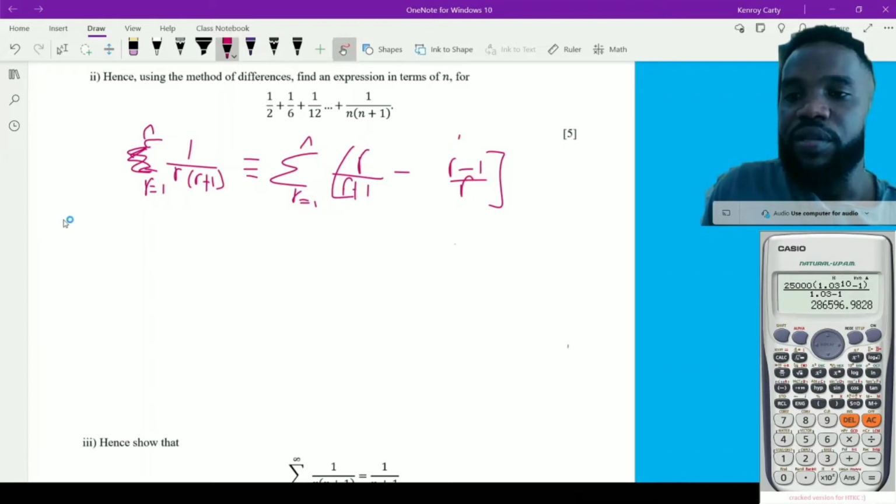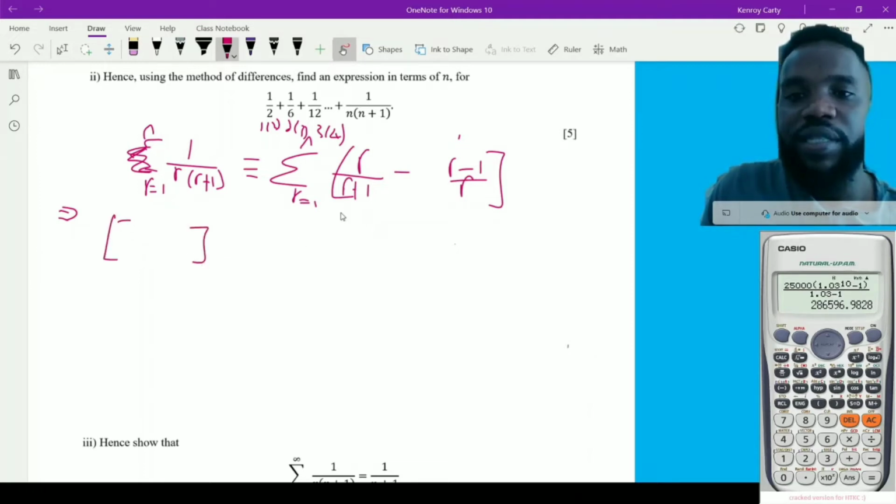Alright, so let's apply the method of difference. To get the first term, of course what I would do is simply put in 1 there because it starts from r equal 1. Notice how the denominators down here would really be 1 times 2, then you're going to have 2 times 3, then when you put 3 in there, you're going to have 3 times 4. And it keeps going on and on like that.